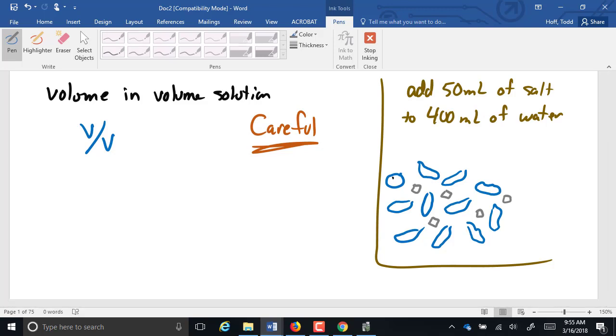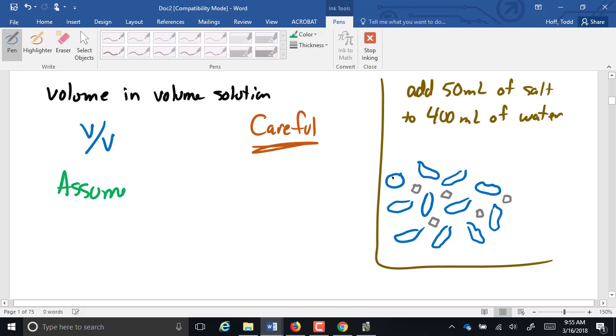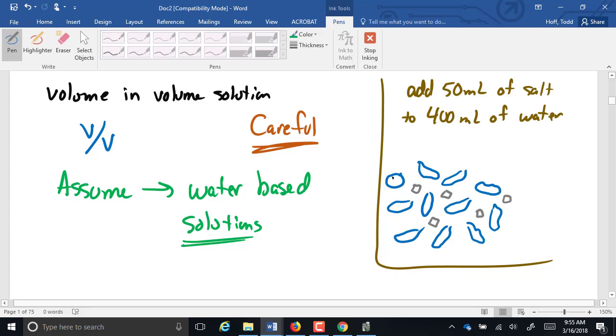Now, I'm saying that as a side note because it's not going to affect what we do in this class. What we do in here, we are going to assume that we have water-based solutions. When we're doing volume and volume, and it's mostly true, you have a liquid going into another liquid, and for the most part, liquids don't dissolve into each other.